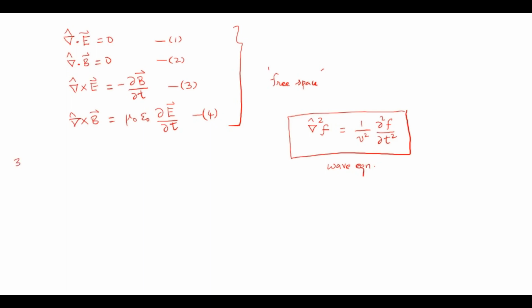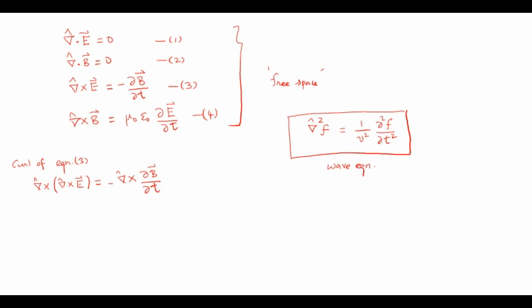Taking equation number 3, I am going to take the curl of this equation. So the curl of equation 3: del cross del cross E is equal to minus curl of partial derivative of B with respect to t.